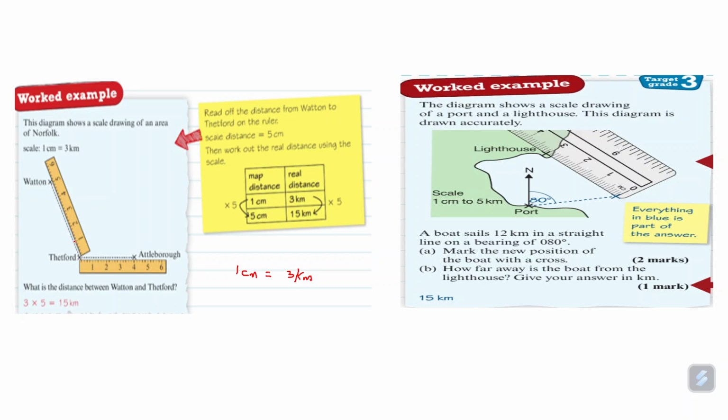Remember, you don't start counting from 1, you start from 0. Once you measure it, it's 5 centimeters. Meaning you multiply by 5. Whatever you do on the left, you do on the right. You multiply the 3 kilometers by 5.